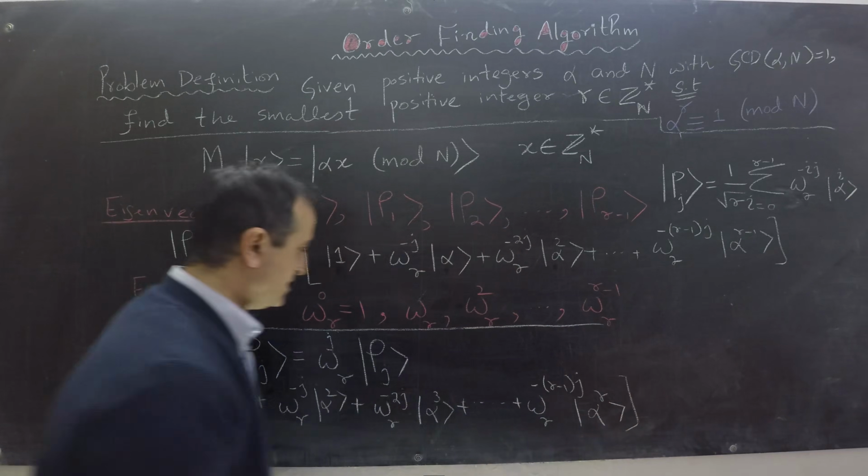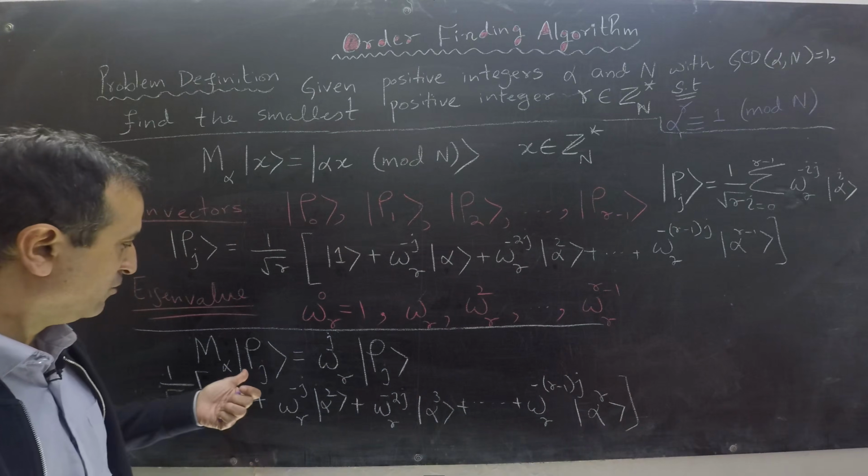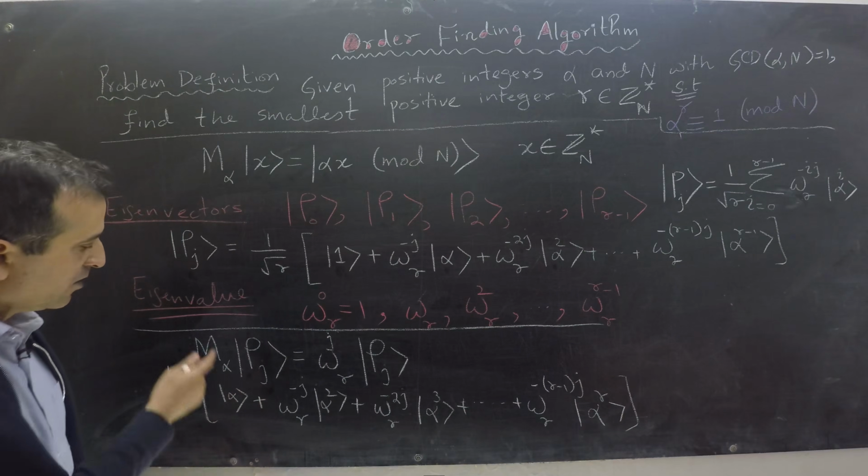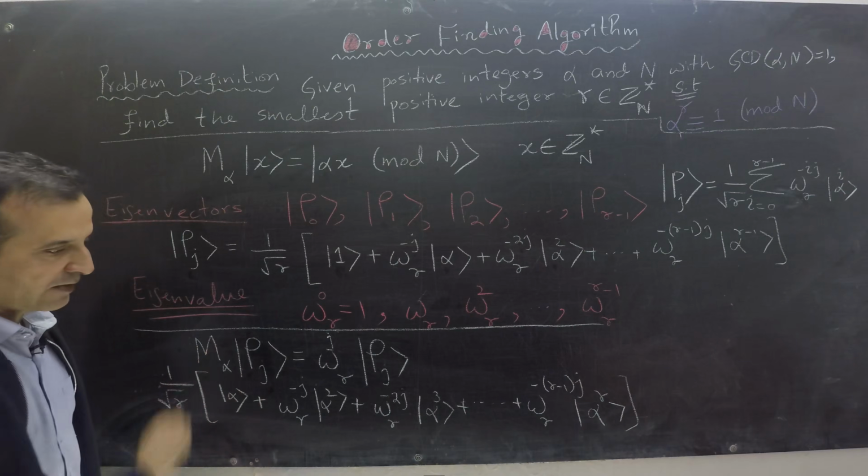So this is my transformed rho j after the application of this unitary operation.